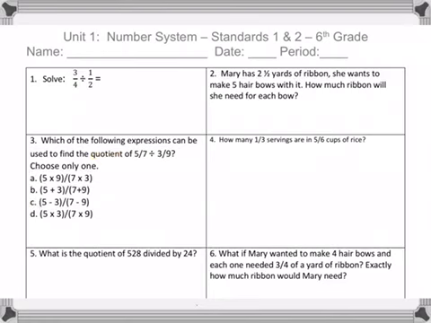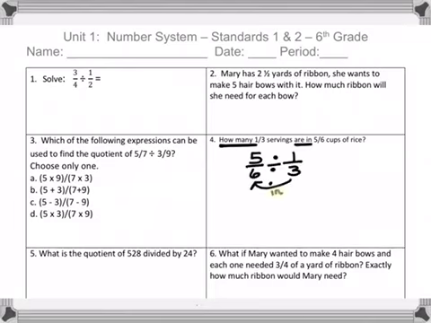The next question is, how many 1/3 servings are in 5/6 cups of rice? Well, we have a new set of key words here with how many. When we have how many and the word in, we have to take that second number and divide it by the first number.